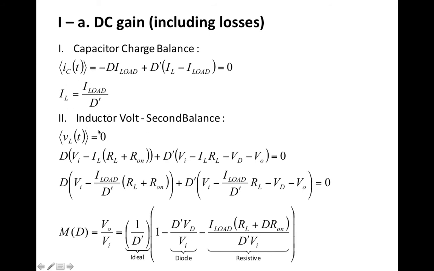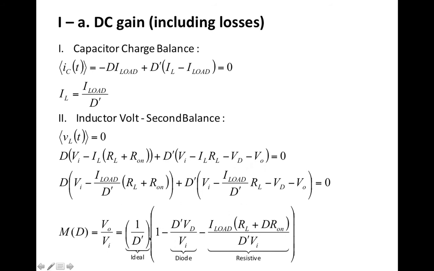Now, how about the relationship between voltages? We write the inductor volt-second balance, and again D times the voltage applied to the inductor during the on state plus D prime times the voltage applied during the off state should be 0.